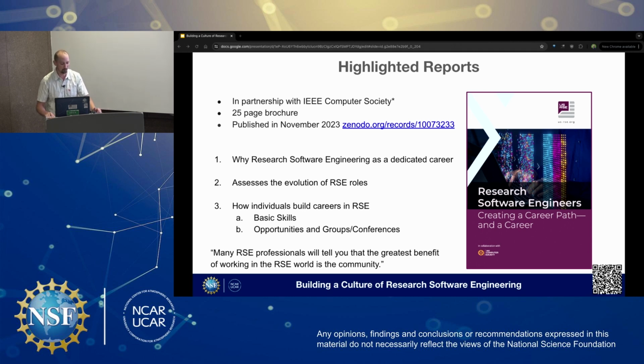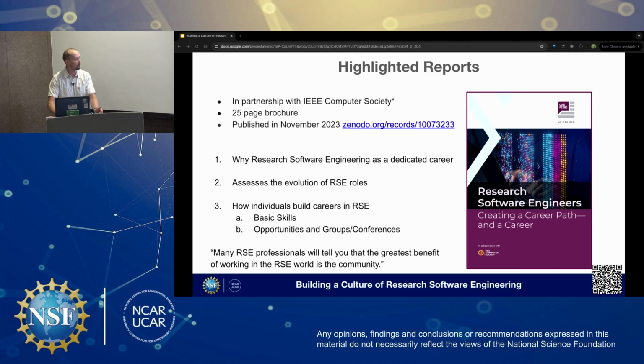And this can be a great guide in which to learn about those resources and spaces of what's needed, as they maybe discover that they like the software engineering side of their work, as well as the opportunities and the groups and conferences they might be able to engage with, some of which I've already shared with you earlier in this presentation.